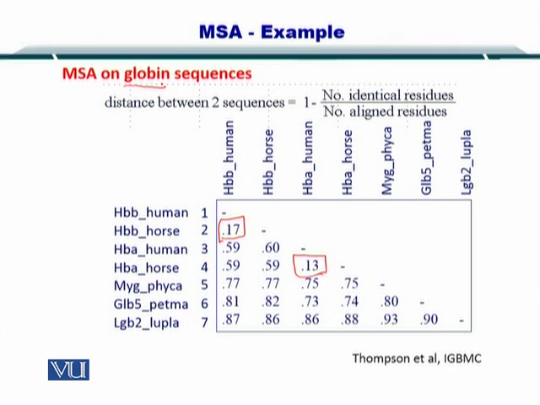So to start you up, the distance between two sequences, or simply the difference between two sequences, is equal to the number of identical residues, that is same or similar residues, over the number of aligned residues in the pairwise alignment.